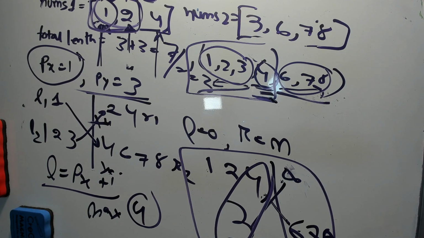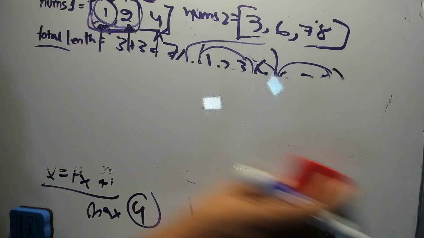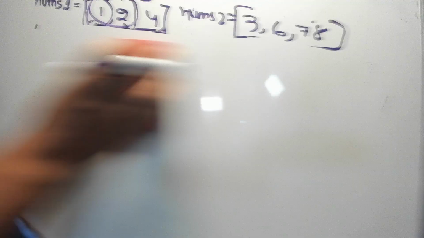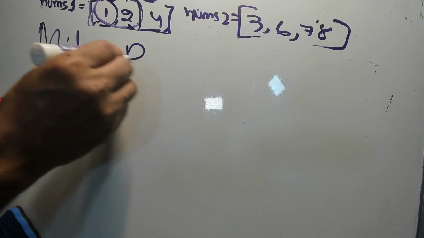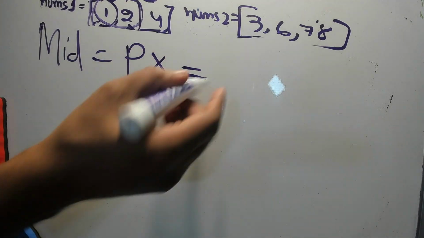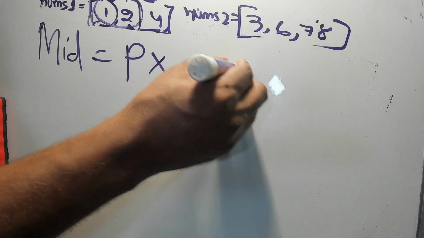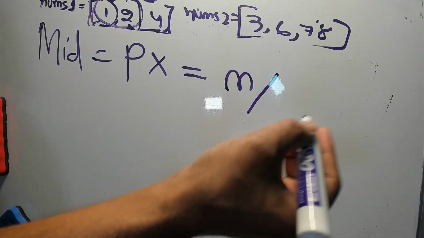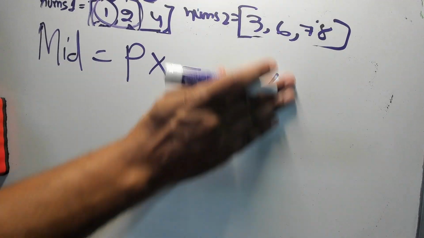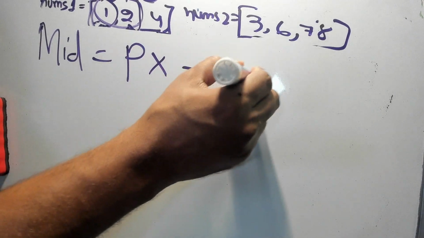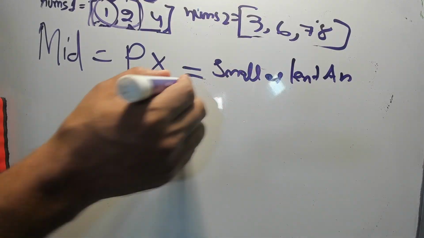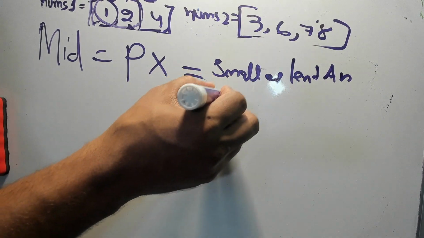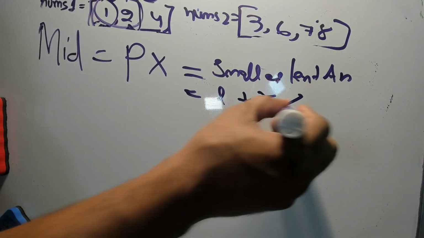The only thing we have to remember is mid equals to px equals to m by 2, or for the smallest length array, that is the first index, left plus right by 2.